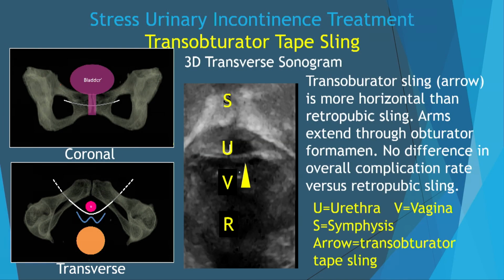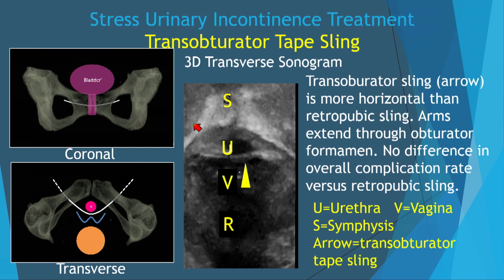Now this is in contrast to the other type of sling, that is a transobturator sling. Because the arms of the transobturator sling go through the obturator foramina, the shape of this sling is more horizontal compared to the other sling. And so again, it's that transverse or oblique coronal view which is going to give you that information.